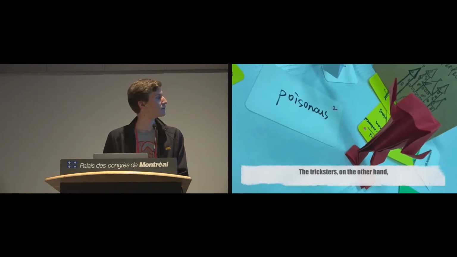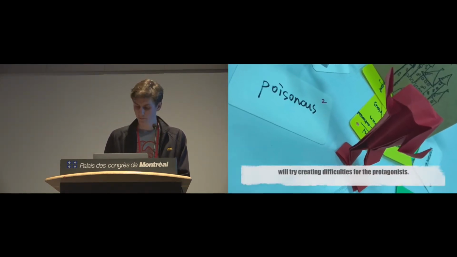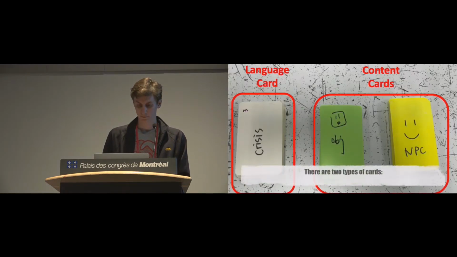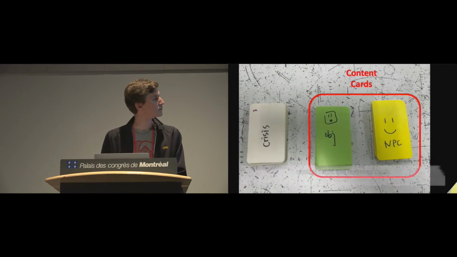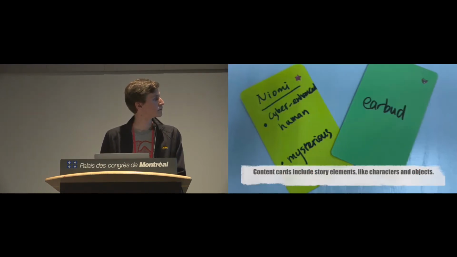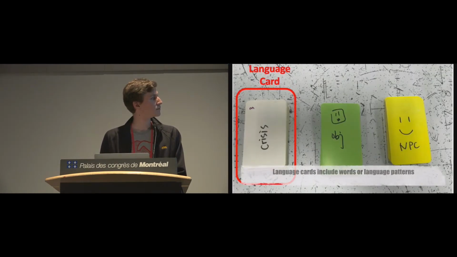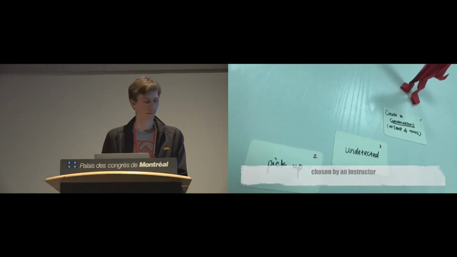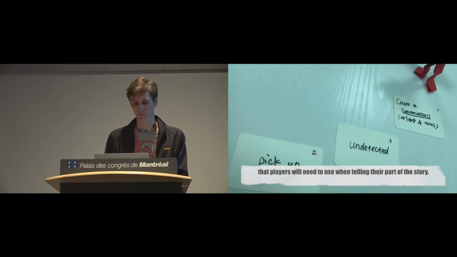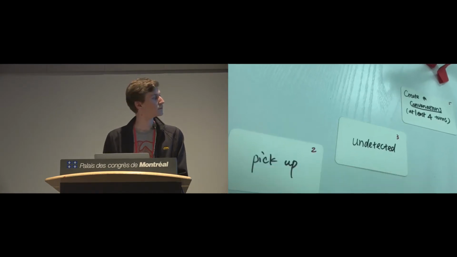The Tricksters, on the other hand, will try and create difficulties for the protagonist. There are two types of cards: content cards and language cards. Content cards include story elements like characters and objects. Language cards include words or language patterns chosen by an instructor that the players will need to use when telling their part of the story.